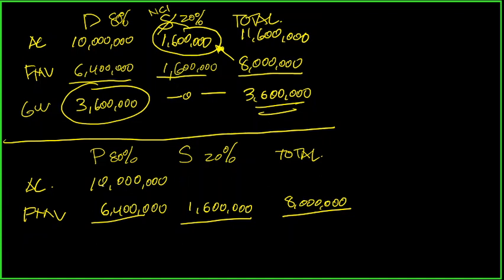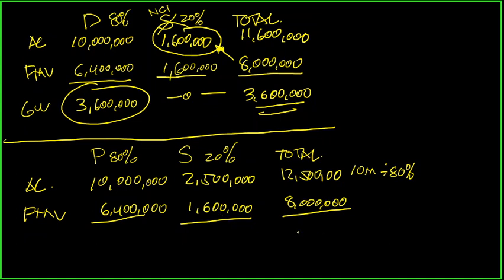If this is 80%, the parent is willing to pay 10 million for 80%. So for the parent, the implied value will be 10 million divided by 80%. What is 10 divided by 80%? I think it's 12,500,000. This one will be 2,500,000.